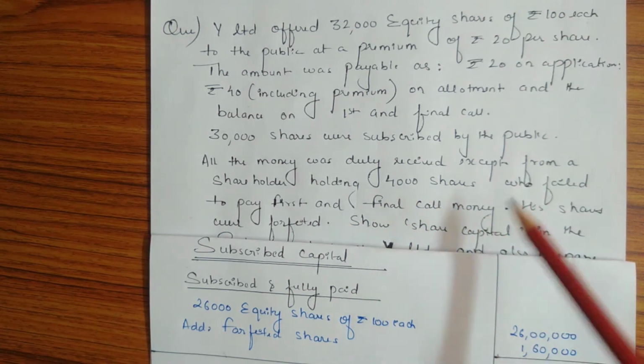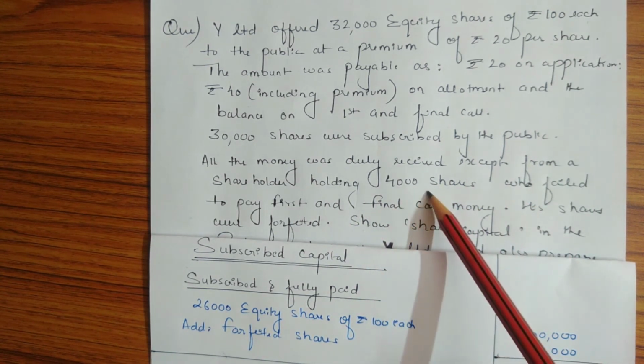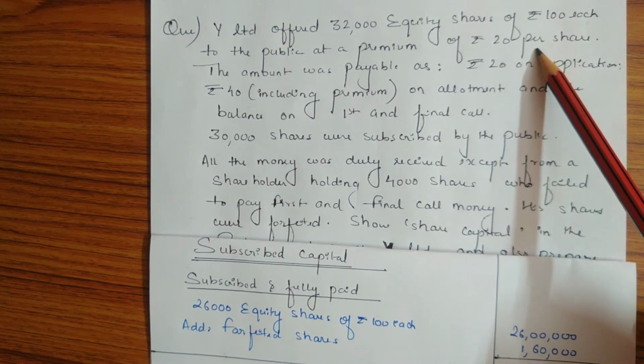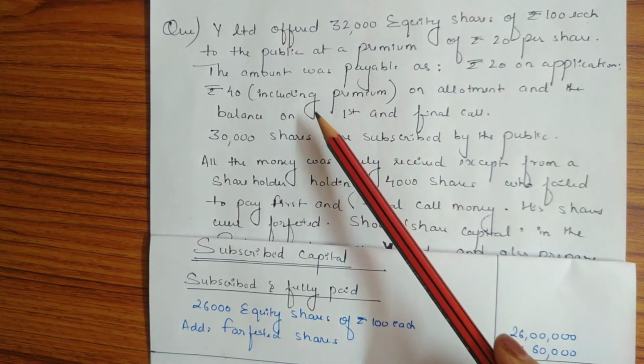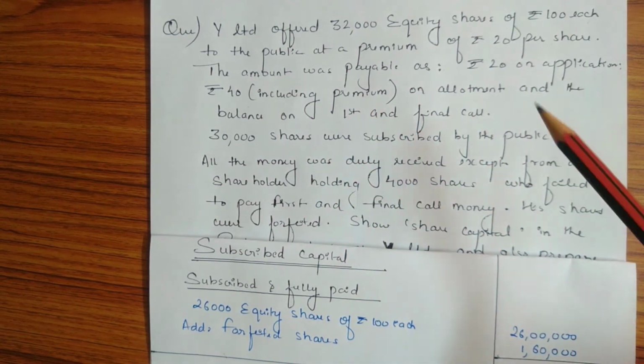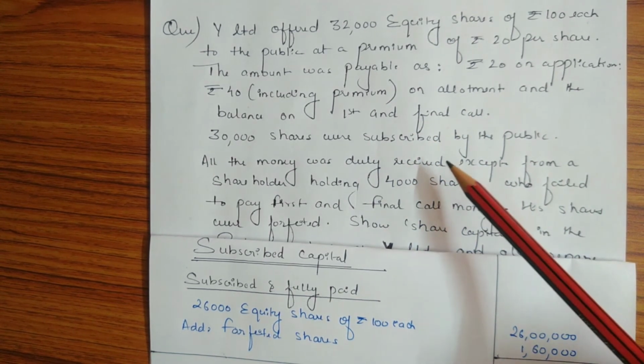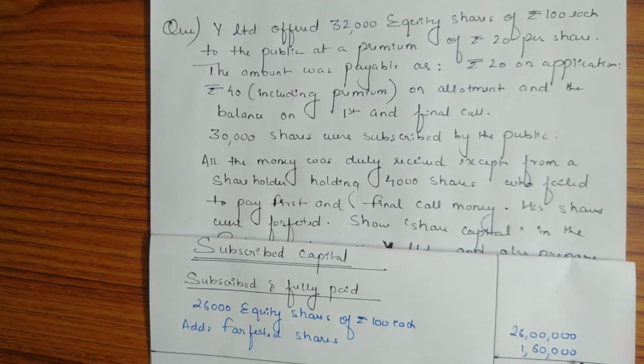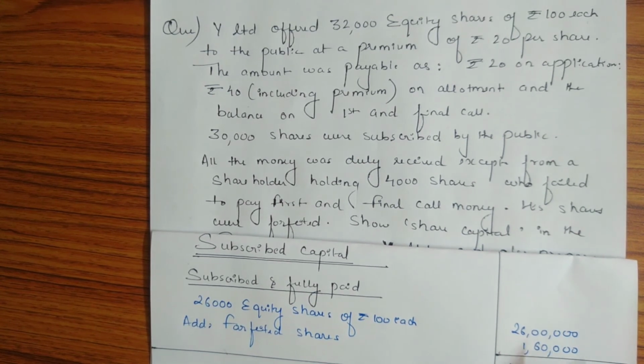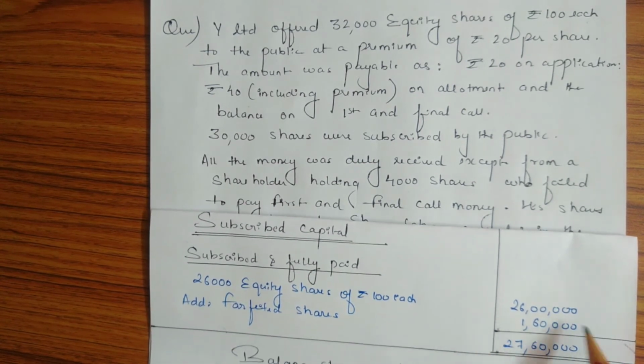The shareholder holding 4,000 shares has paid rupees 20 on application and rupees 20 on allotment. So the total will be rupees 40 into 4,000, that is 1,60,000. So share forfeiture account will be credited with 1,60,000.